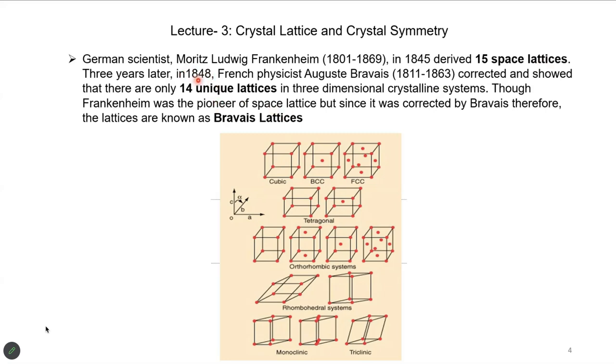However, after 3 years, in 1848, the French physicist Auguste Bravais corrected that derivation and showed that there are only 14 unique lattices in 3-dimensional crystal systems. Though Frankenheim was the pioneer of deriving space lattices, since it was corrected by Bravais, we call those lattices Bravais lattices.